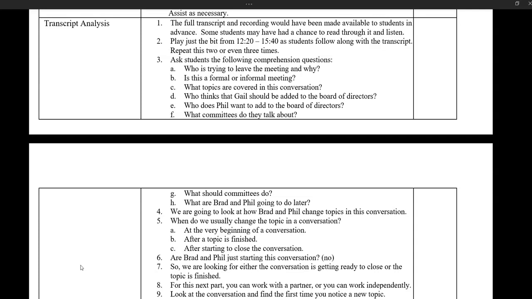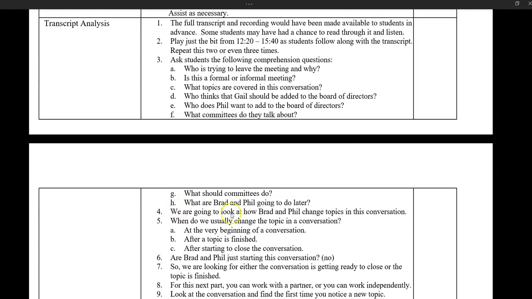Like you would do with any lesson, you want to focus on one part first. You might go to those other pieces later, but you certainly don't want to try to give them everything at once. So all of the questions that we see here have to do with the topic management. Here you see the comprehension questions, as I mentioned earlier, making sure they do understand.